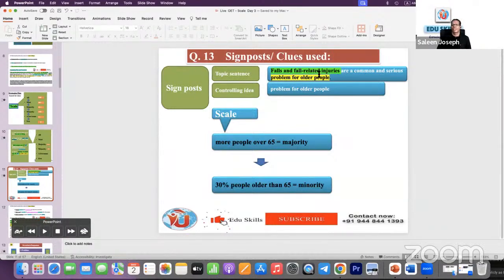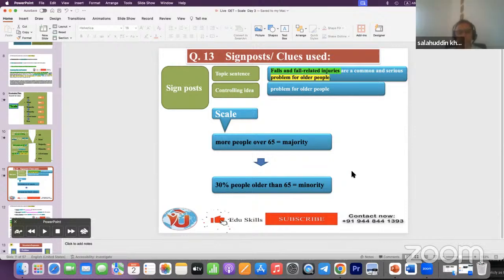So you see the beautiful signposts. Topic sentence: falls and fall-related injuries are a common and serious problem for older people. You can summarize it as falls and fall-related injuries are a common problem for older people. Make it simpler. Controlling idea: problem for older people. Scale: more people over 65, majority; 30% of people older than 65 is minority.